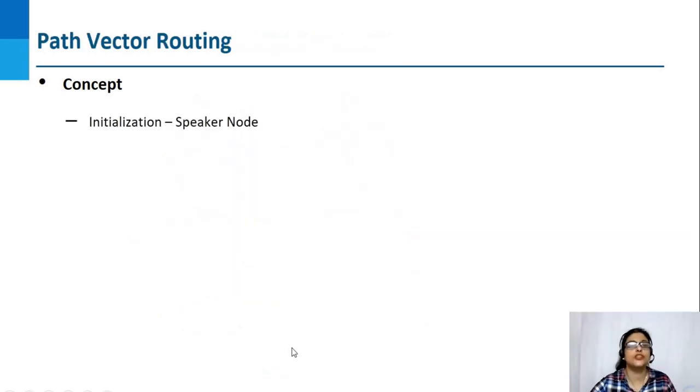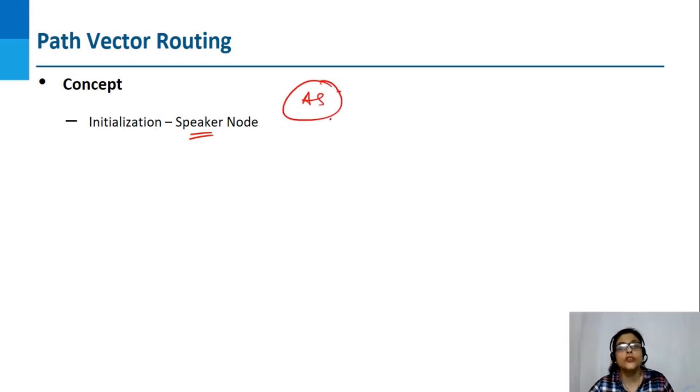So initialization is again the first step as in distance vector routing. Here there is a concept of a speaker node. The speaker node is actually the main node of an autonomous system which can communicate with all other nodes of the network and basically forwards information to the speaker node of other autonomous systems.